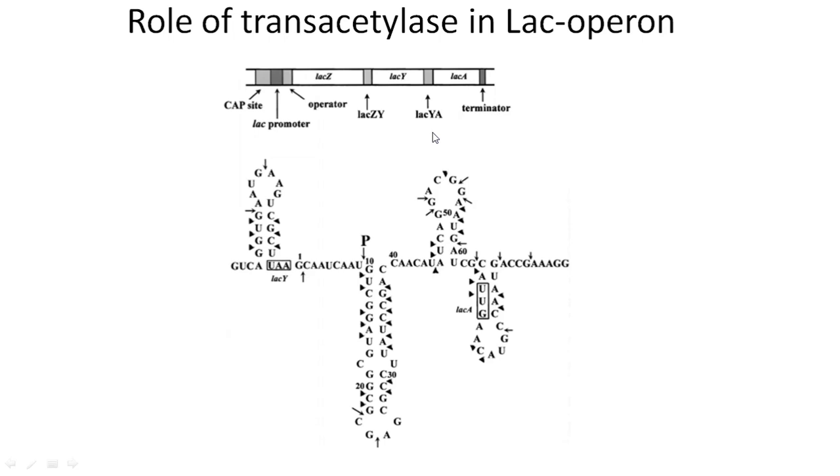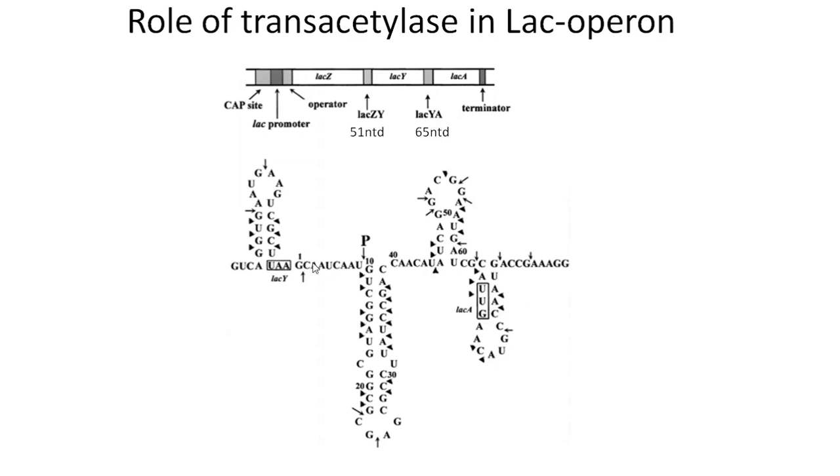This is because when the polycistronic RNA is produced, it is clipped at this LacYA juncture. This is a 65 nucleotide long segment, and this is the structure of that area. You can see this is the stop codon of LacY, the upstream gene, and this is the start codon of the LacA gene.